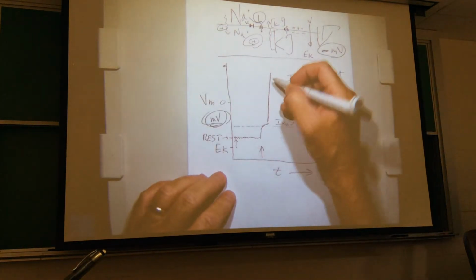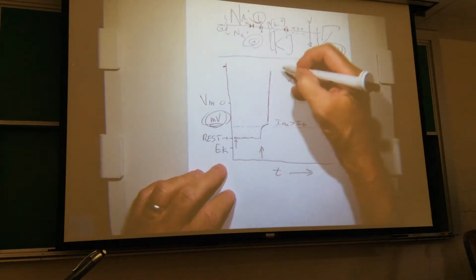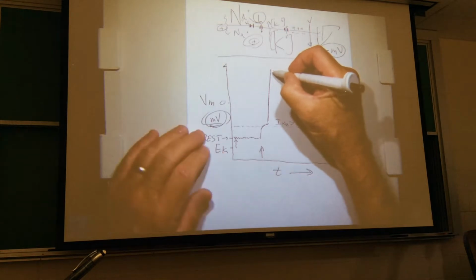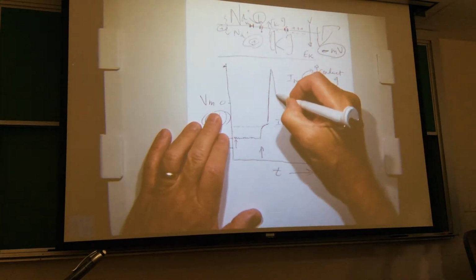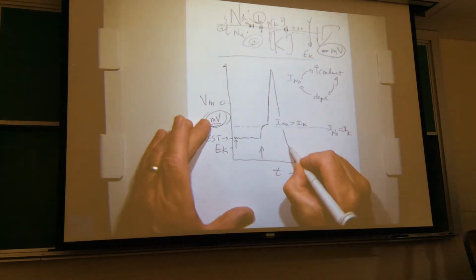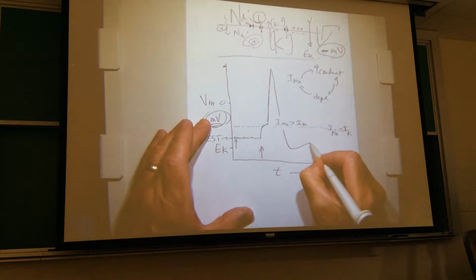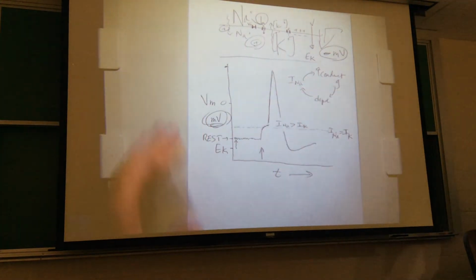Then it goes all the way up, and we're going to make this idealized, right? It's going to go all the way up and stop at a particular position, and then it will turn back down. No surprise here, right? And then there's this undershoot, which I'm trying to draw carefully. Okay. So why did it go up and stop?